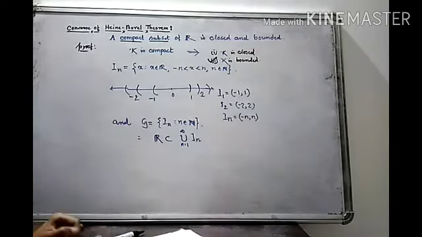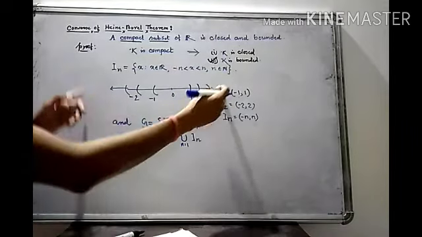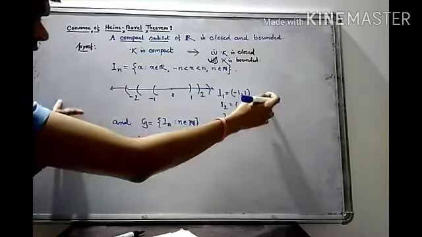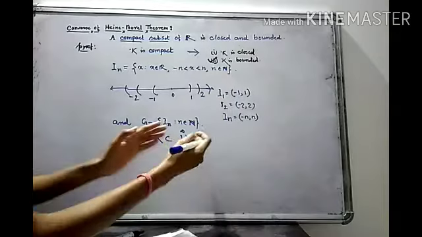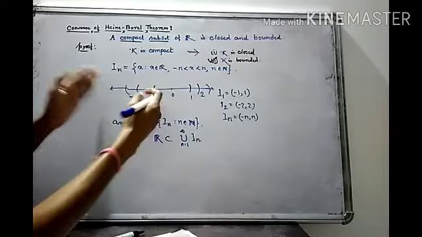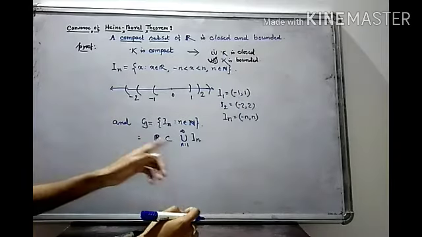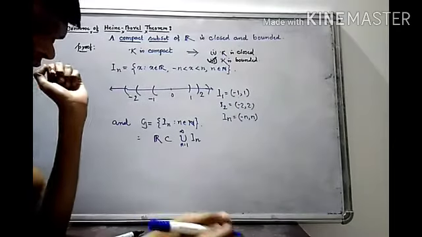Look, here it is minus n, then minus n plus 1, minus n plus 2, minus n plus 3. That means if we take the union, that is I1 union I2 union I3, then this total R becomes a subset of this one.